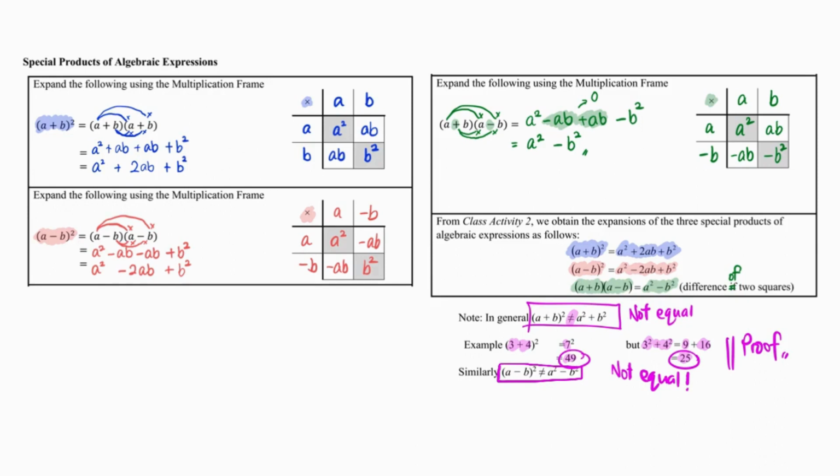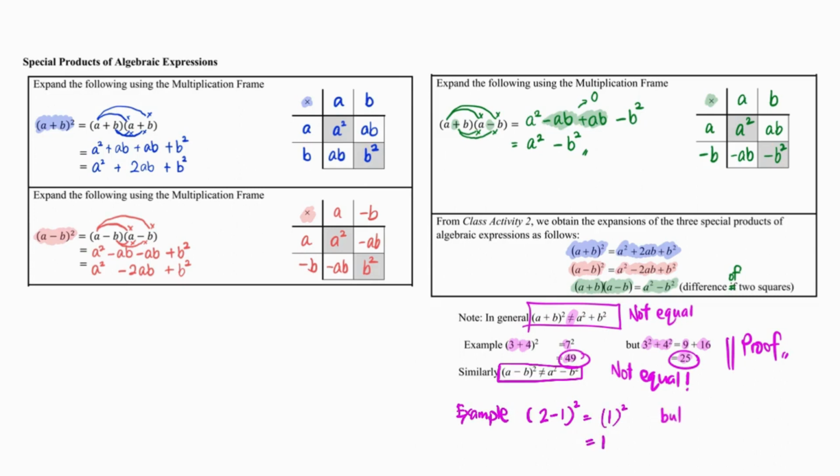I could have, for example, (2 minus 1) square is equal to 2 minus 1 is 1. So 1 square equals 1 times 1 is 1.